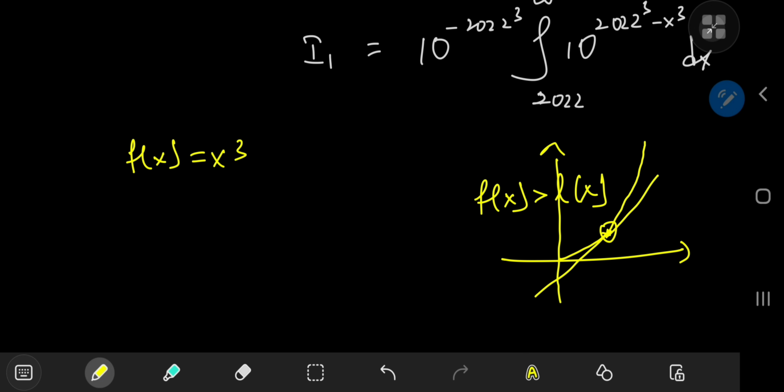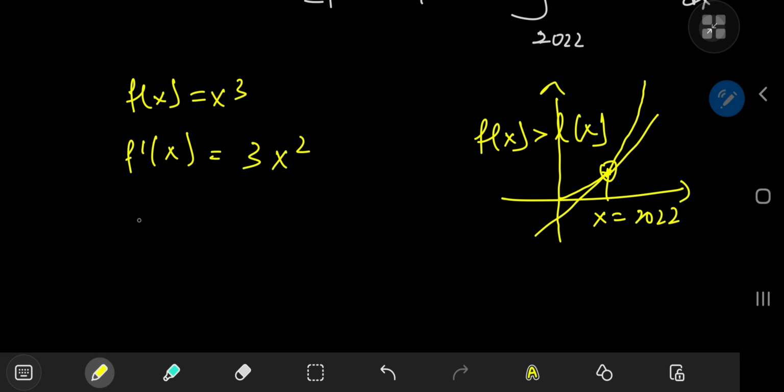So how exactly do we figure out the linearization? As I said, we just look for the equation of the tangent. For that, we need the derivative of f with respect to x, which is 3x squared. And we're going to look for the linearization around x equals 2022.